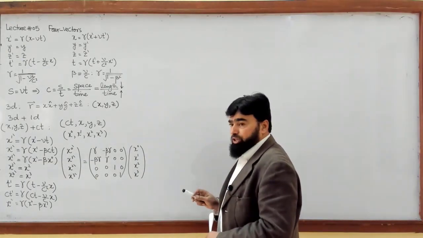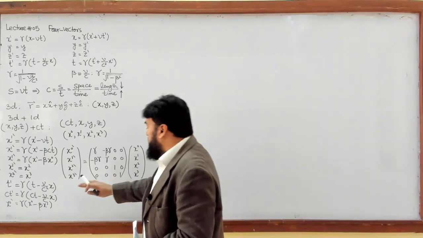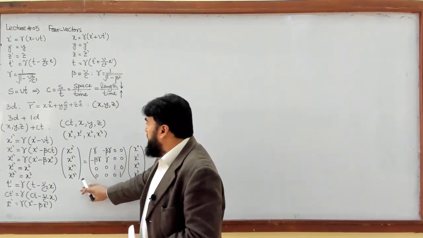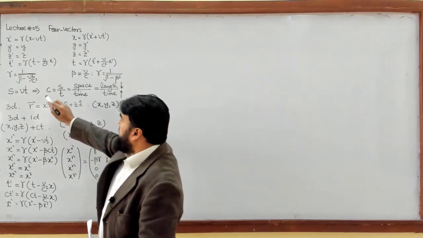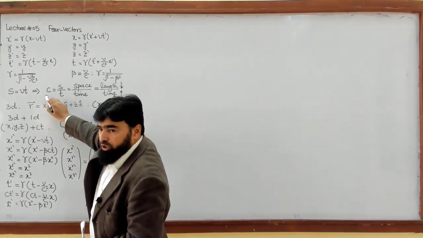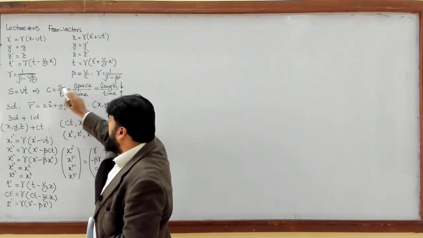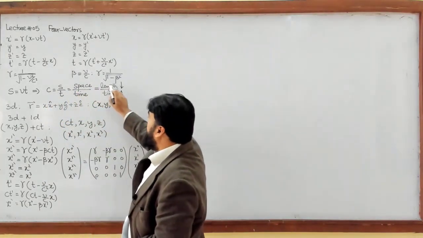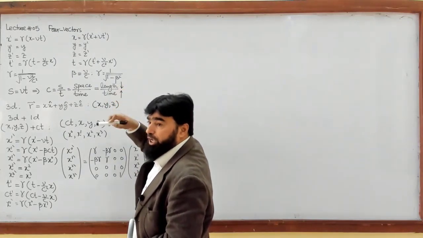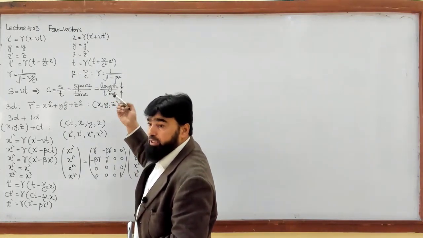Let me reiterate why we are going behind the 4 vectors. Because we want c to be constant. And in order for c to be constant, we should find a length such that length is not contracted between a rest and a moving frame. It is independent of motion.